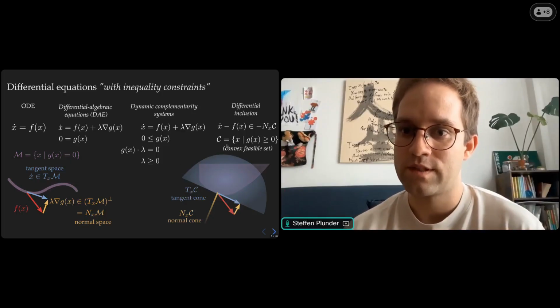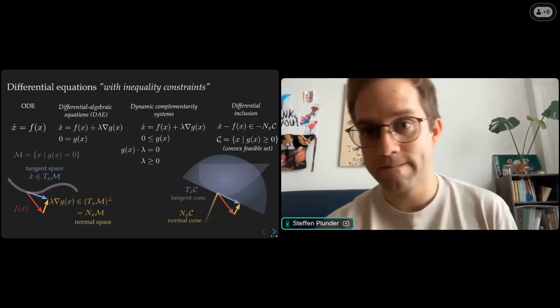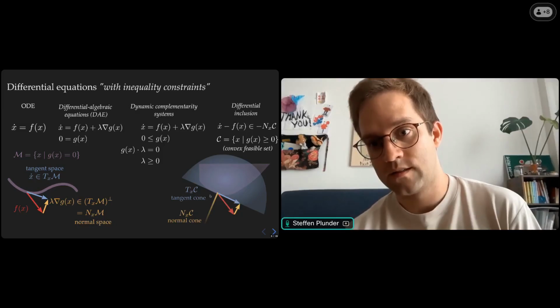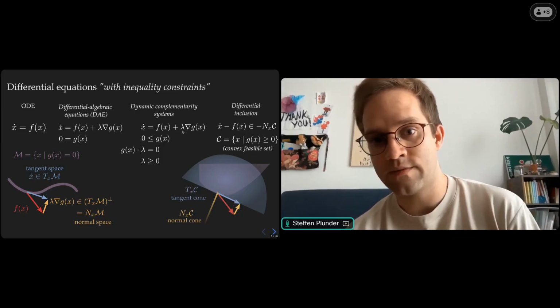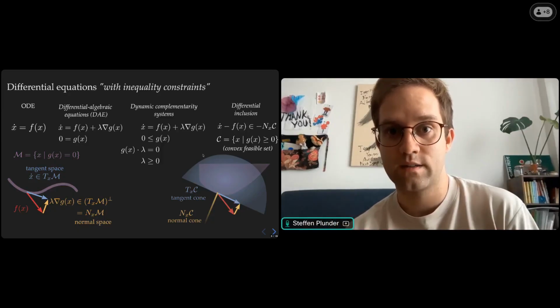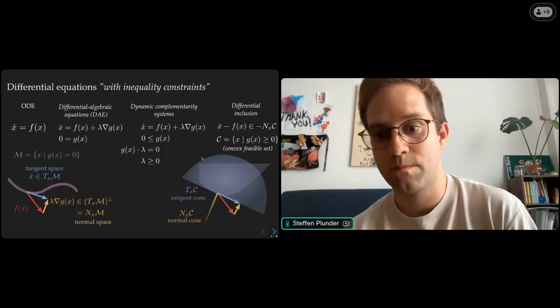For C not convex, it becomes more complicated. If C is convex, it's relatively easy to show that these two systems are equivalent, just using the definition of a normal cone and tangent cone.